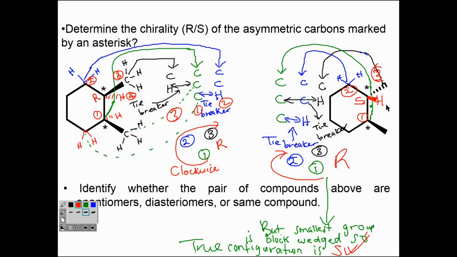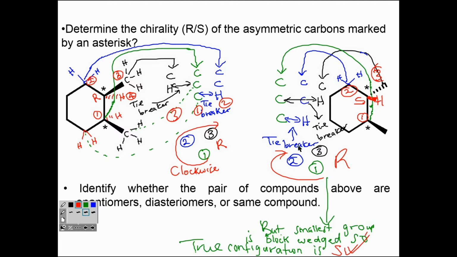We don't care about it. We need to determine R and S based on only 3 numbers, 1, 2, and 3. And the green carbon, this one, since it's bonded to 2 other carbons, is going to win over the blue, which is only bonded to 1 other carbon. So the green will have priority number 1. So you have 1 down there, 2 there, and 3 there.